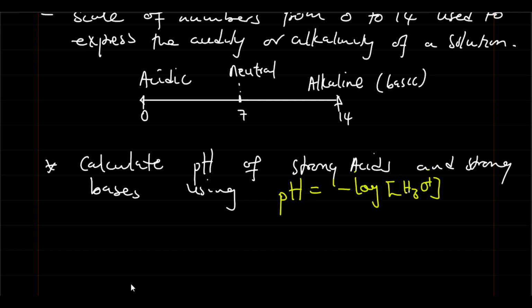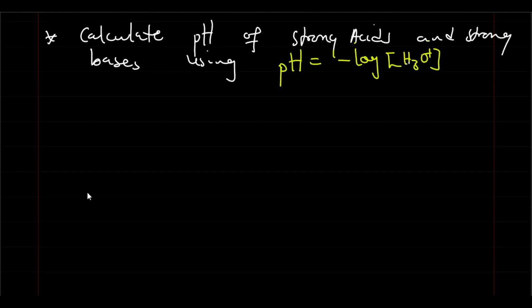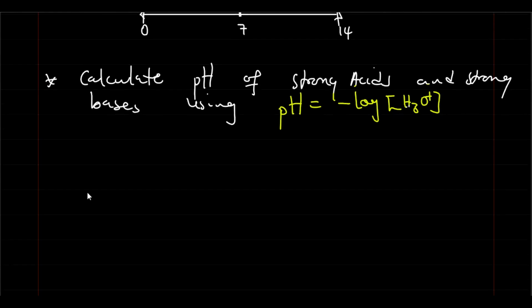Okay, so now we can calculate pH when we know the concentration of the hydronium ion in the solution whereby we have ionized an acid. Okay, so for example, let's have an example.